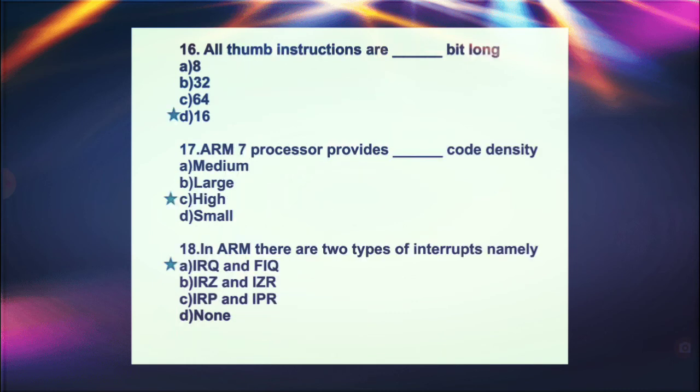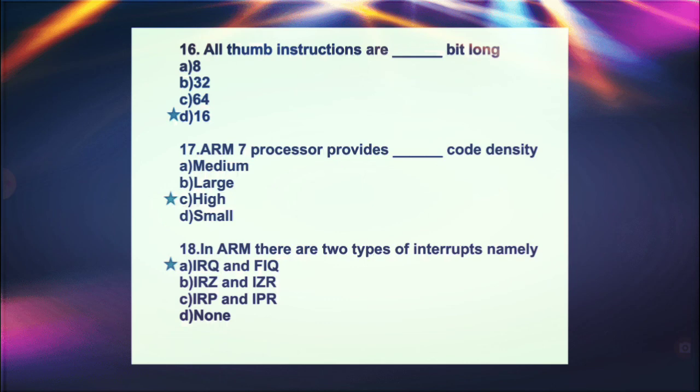Next question. All Thumb instructions are dash bit long. Options are 8 bit, 32 bit, 64 bit, 16 bit. The correct answer is 16 bit long. ARM 7 processor provides dash code density. Options are medium, large, high, small.